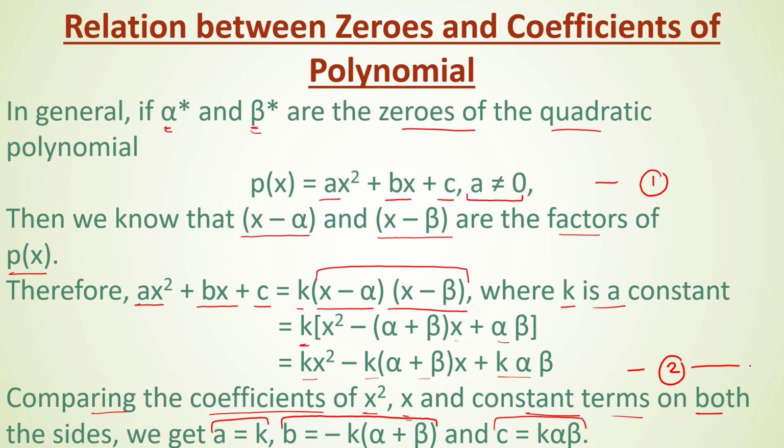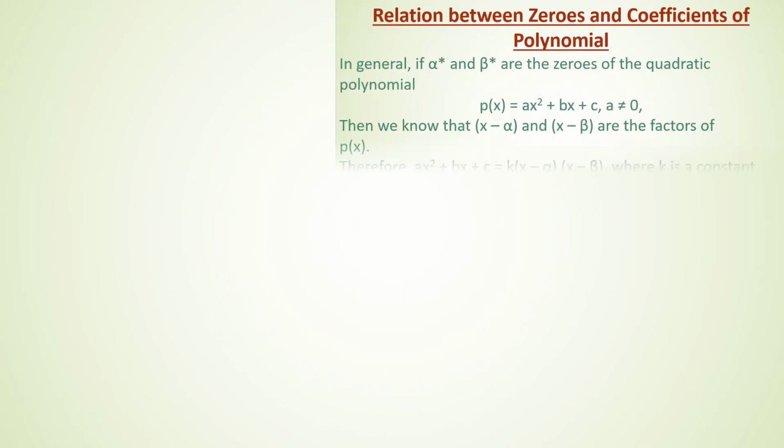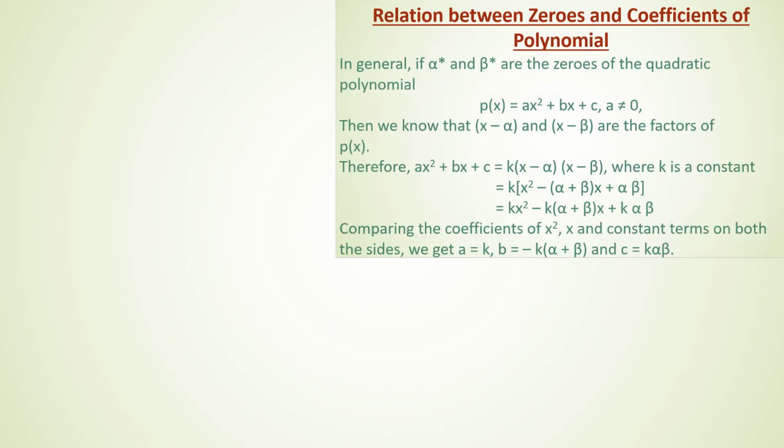So if I compare first and second, we get these values of a, b and c respectively. So here we have to establish the relationship between alpha, beta and the coefficients of the quadratic polynomial.